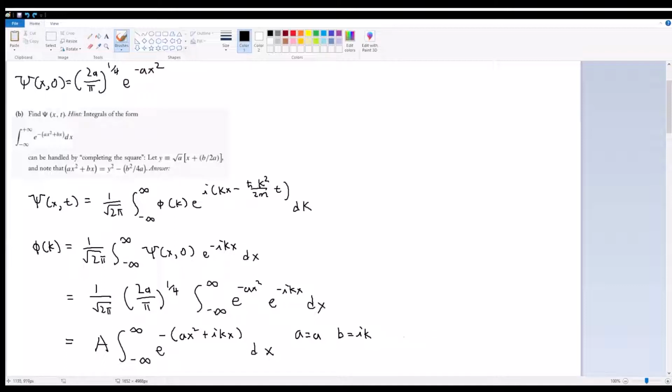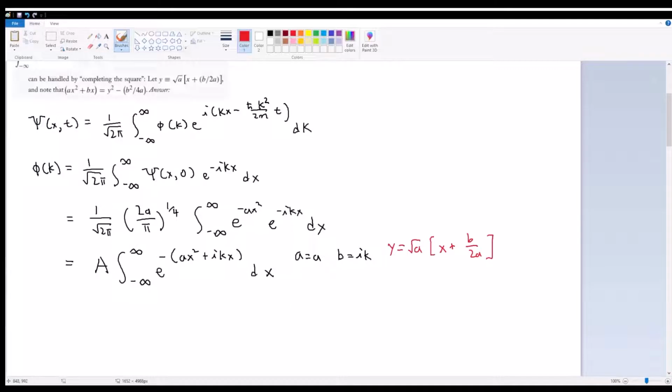So first off, let's define y. Let's do this in a different color, just so my eyes don't go blind from looking at this massive wall of black text. y is equal to the square root of a multiplied by x plus b over 2a. Luckily, here a is just equal to a, so we don't have to do any substitutions of that. We just have to substitute b. So this is going to equal the square root of a times x plus ik over 2a.